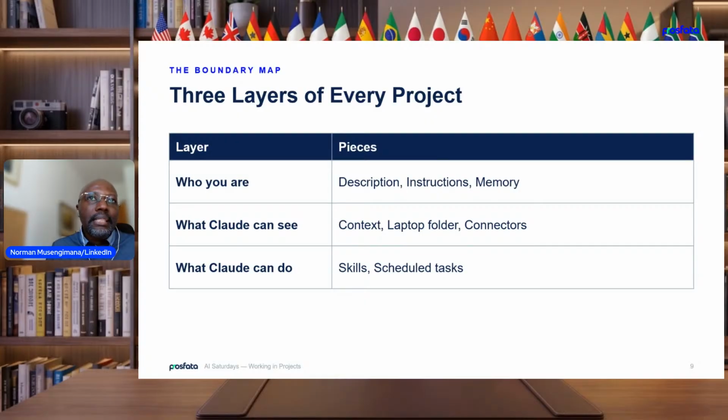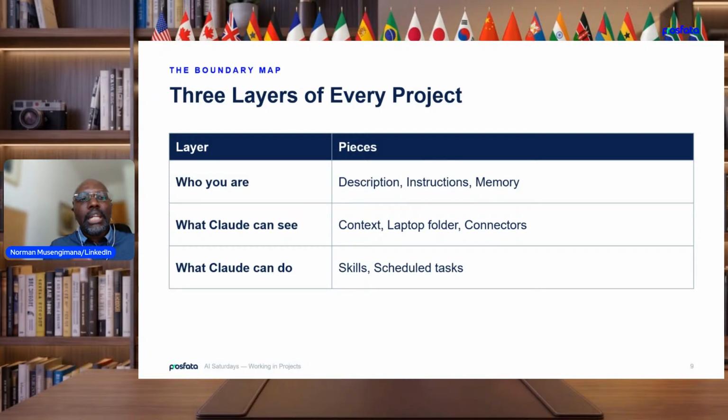In this case, I'm saying Claude, but the same applies to ChatGPT, and the same applies to Gemini. So that's why you give it access to either skills or context or laptop or connectors. And what Claude can do: skills and schedules.